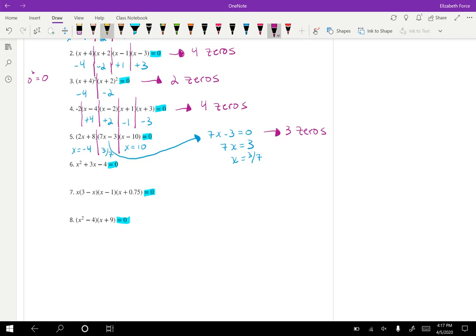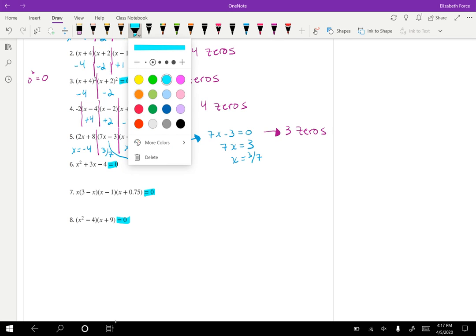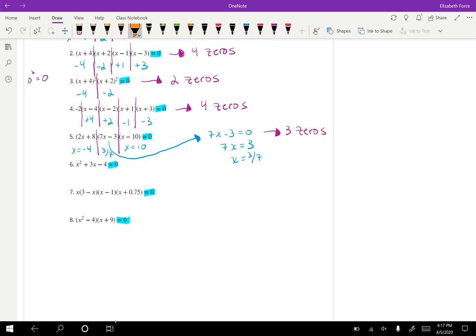In number 6, just got to pause and be careful here, because it is not in factored form. If you recall from the last unit that we worked on, this is in standard form, so we just got to factor it. So this is a quadratic, so x times x gives you x squared, and then what multiplies to negative 4 but adds to positive 3?